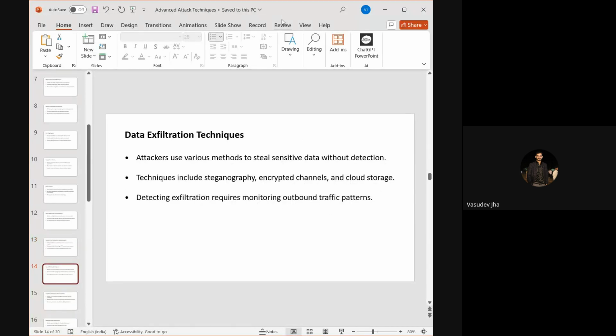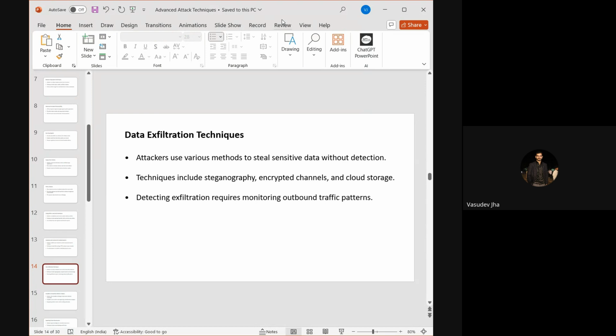And then we have data exfiltration techniques. In this, attackers use various methods to steal sensitive data without detection. Basically, look, if we directly create a channel from the target to the attacker machine, there is a high possibility the defense will find that.